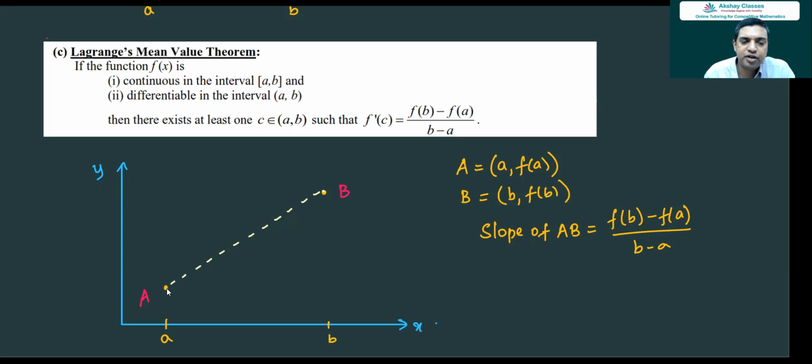So I have to join this point A and B by a smooth curve, which will not break anywhere, and the curvature should be smooth. So let me draw some curve like this.